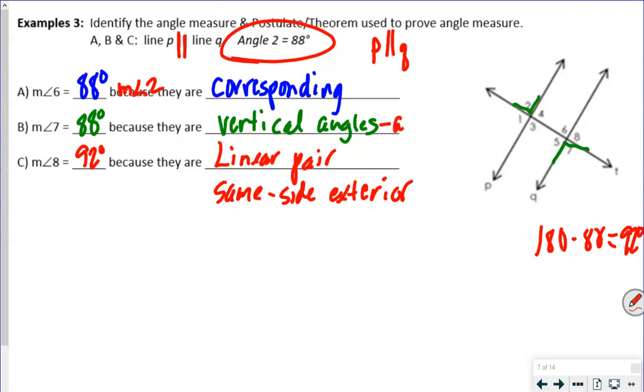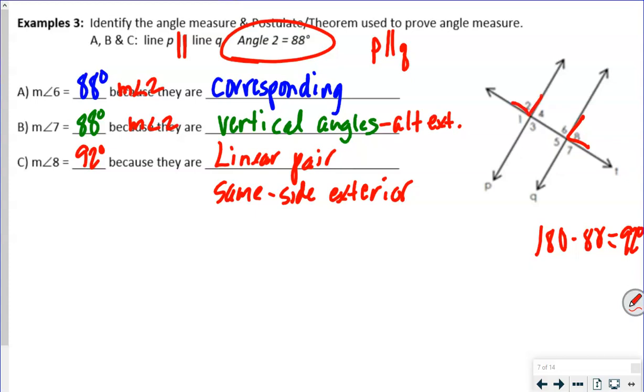So we could have also said here, alternate exterior angles, okay? And that would have been the measure of angle 2, right? And then if we were to relate 8 and 2, so again, we're going to take it back to our original, 8 and 2. So 8 and 2, those are same side exterior.